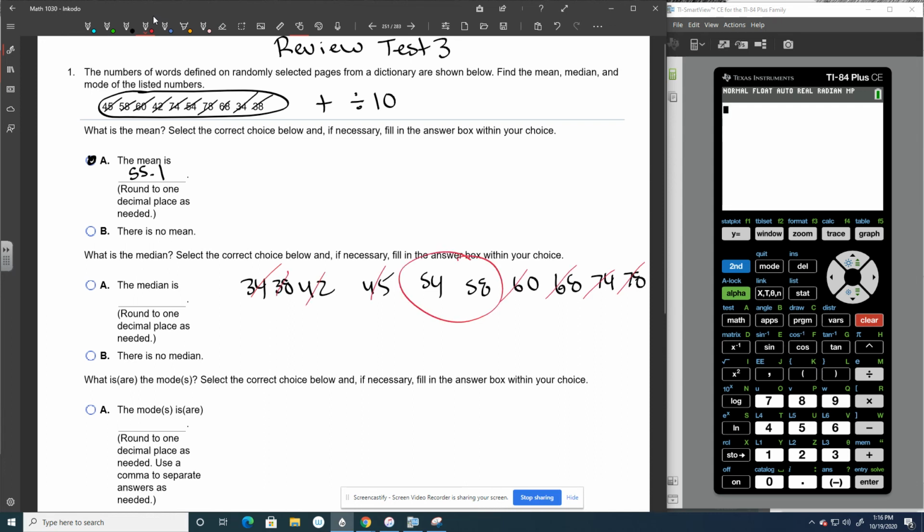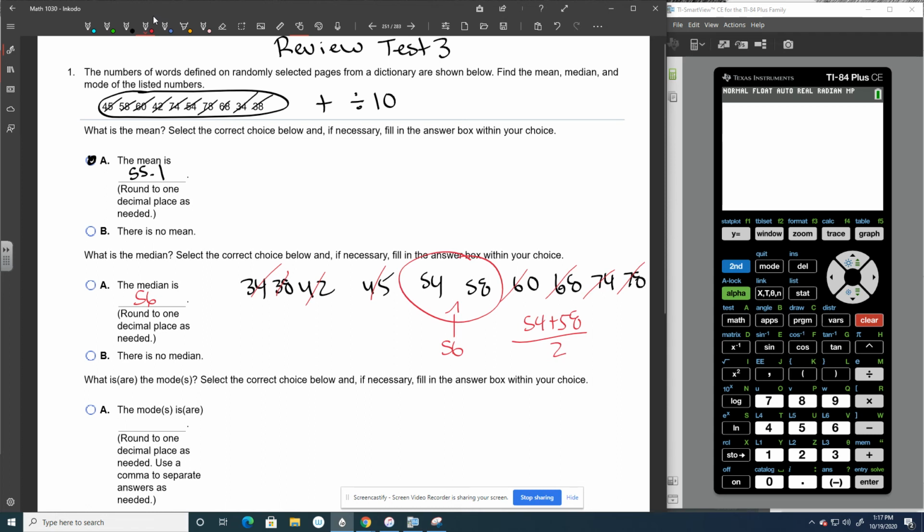In this case, we've got 2 numbers in the middle. So rather than using one of those numbers, we have to find the average of those numbers. We're looking for what's in between 54 and 58. In this case, that's easy. That's just 56. If it wasn't nice numbers, you would do 54 plus 58, divide by 2, and that would give you your median.